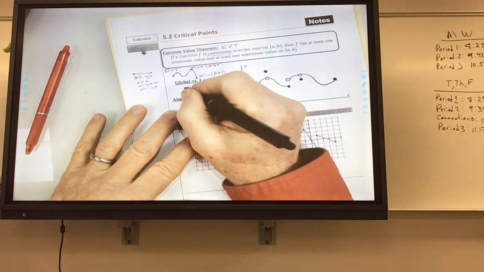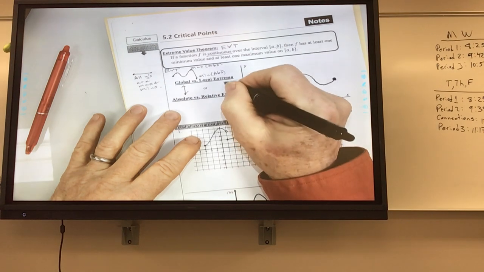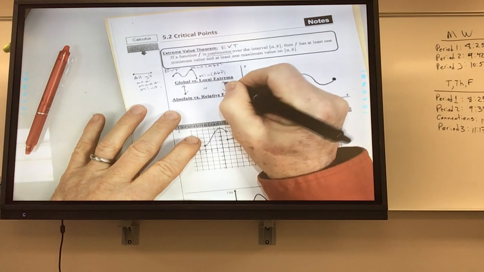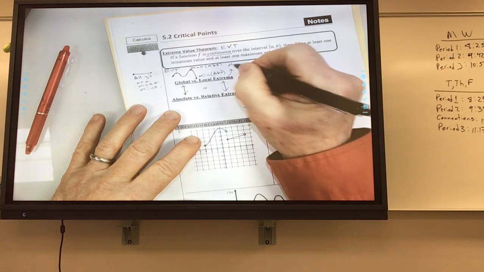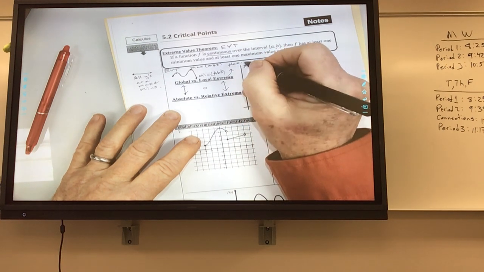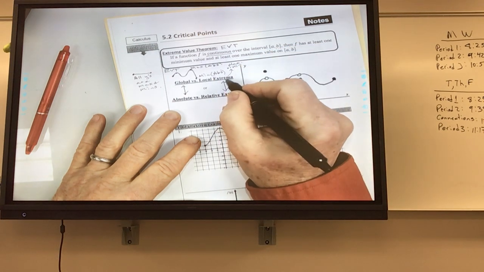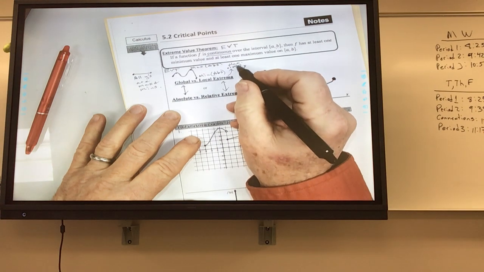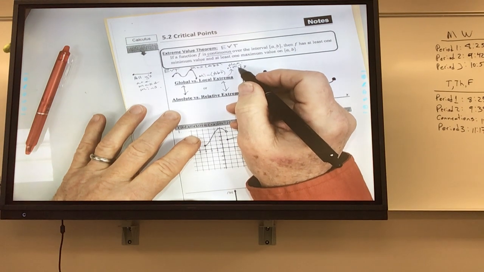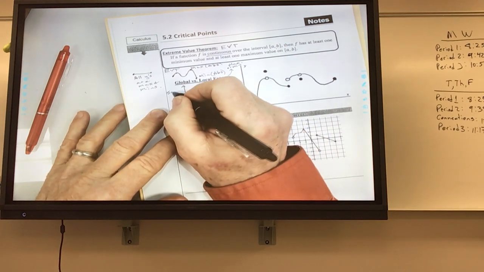Then we're going to have these other terms, and these terms are used by AP. And so extrema is either a max or min. It has the word extreme in it, so it's either going to be a maximum extrema or a minimum extrema. Global and absolute are the same.